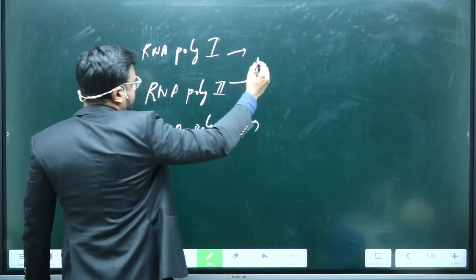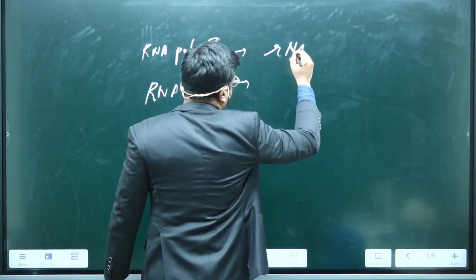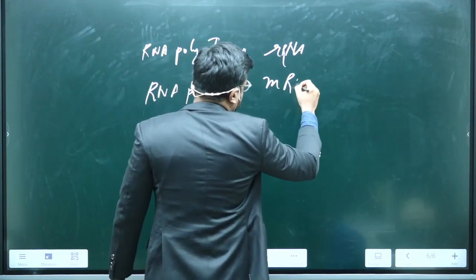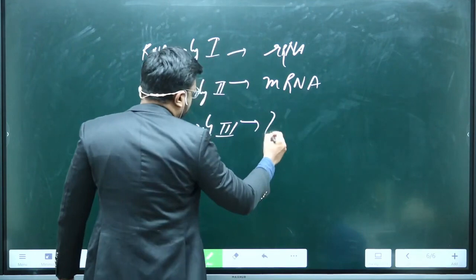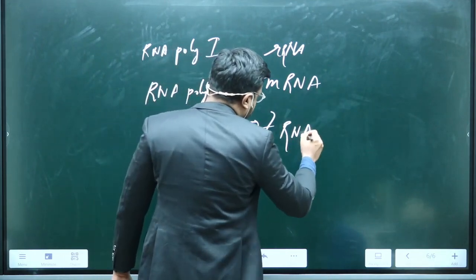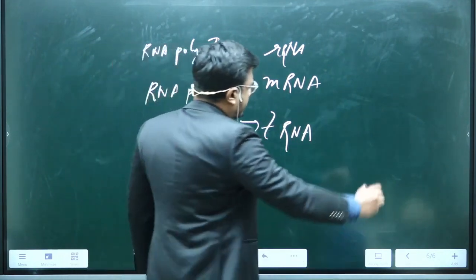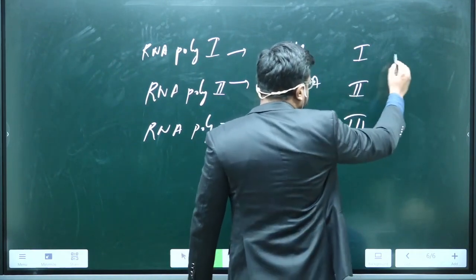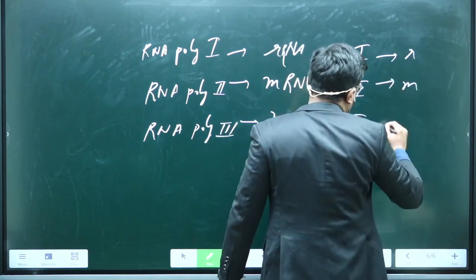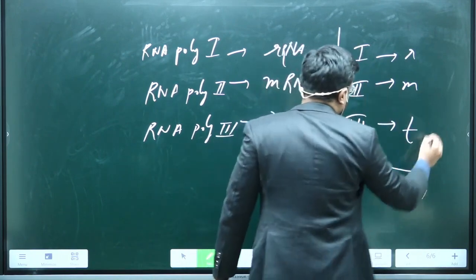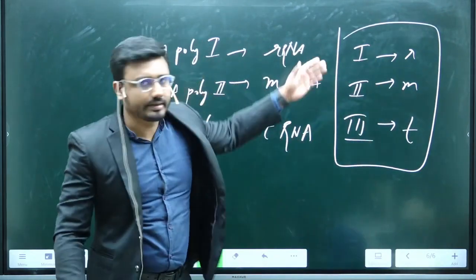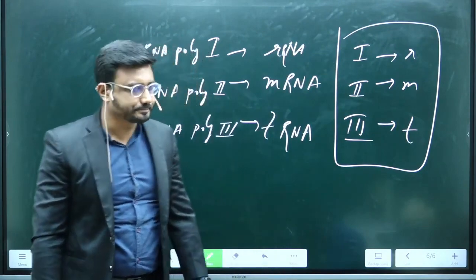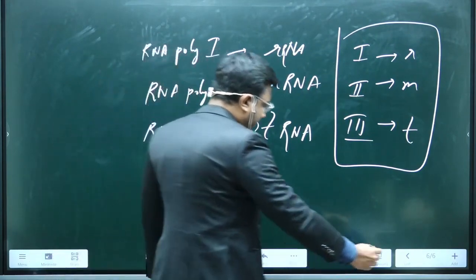RNA polymerase 1 codes for the rRNA, RNA polymerase 2 is responsible for coding the mRNA, and RNA polymerase 3 codes for the tRNA. We can remember it like this: 1, 2, 3, RMT. That is RNA polymerase 1, 2, and 3 code for them respectively. Now let us move to the next concept.